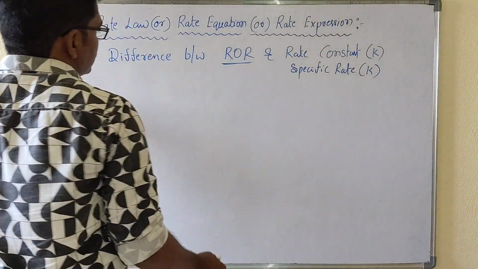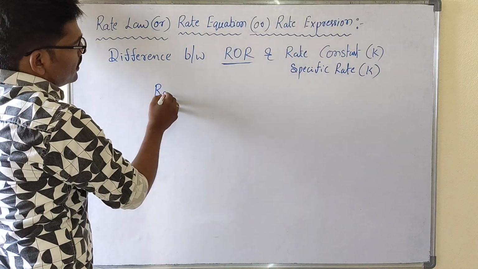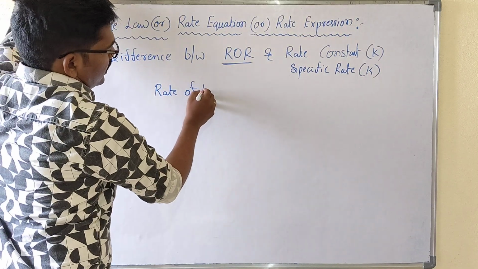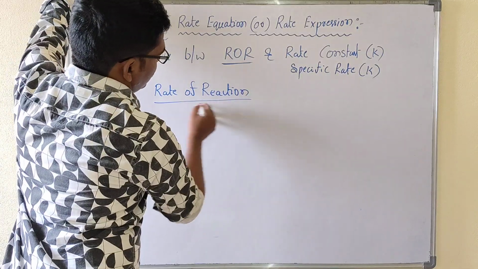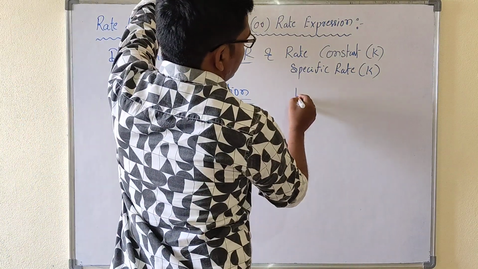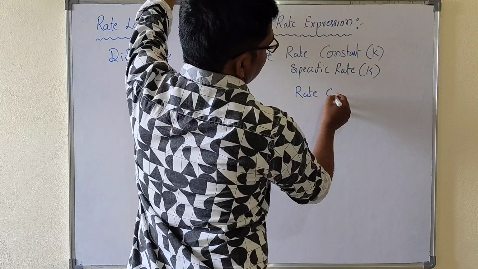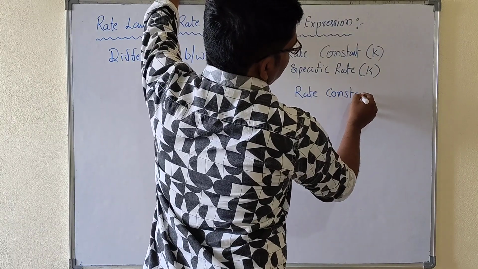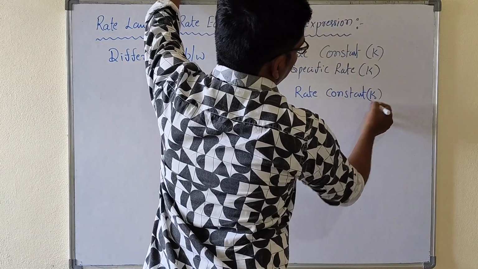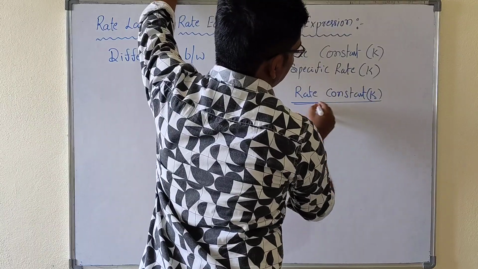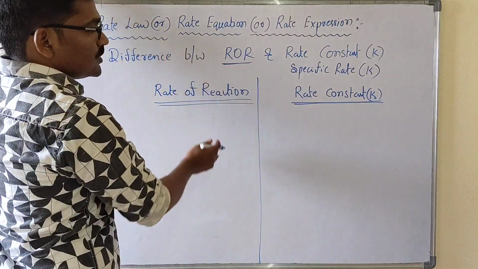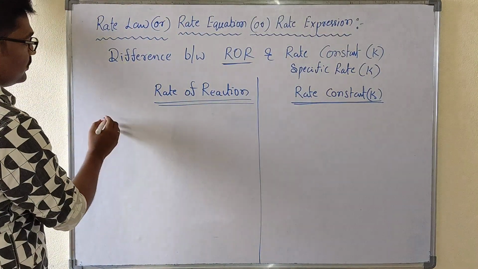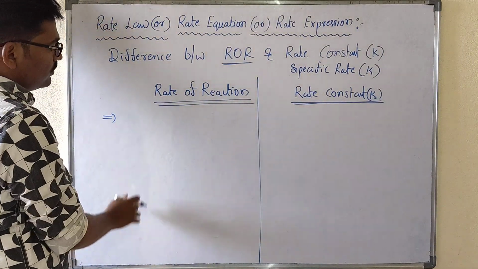See, look, my dear students, let's take the rate of reaction and the rate constant K, and look at what the differences are. First, how do we define the rate of reaction?